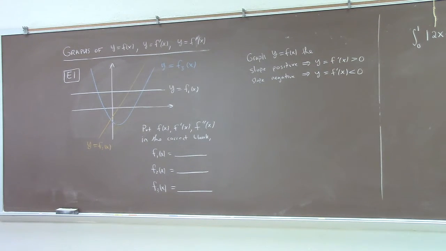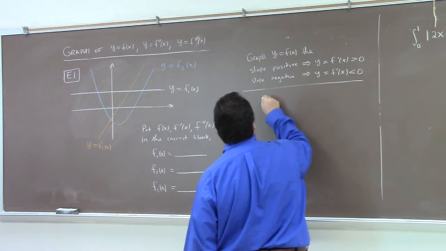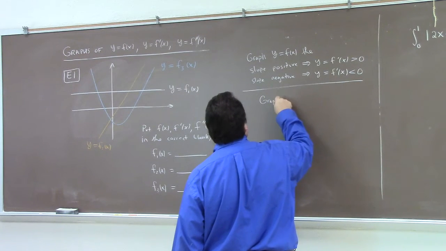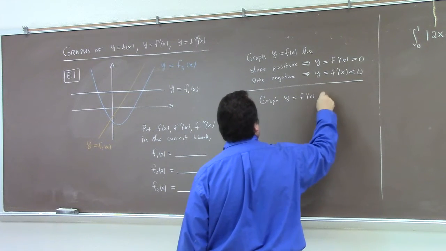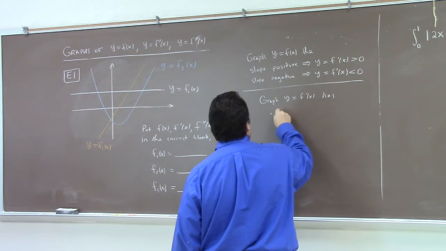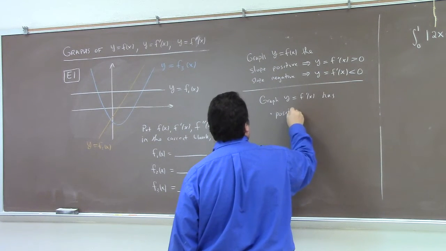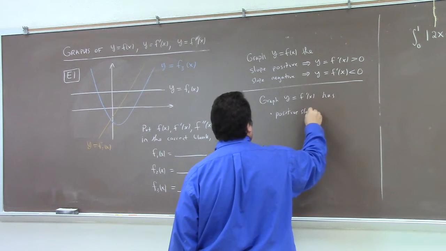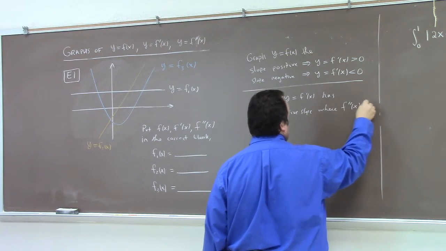And the same thing goes for f prime, right? So like the graph of y equals f prime of x has a positive slope where f prime prime of x is positive, right?